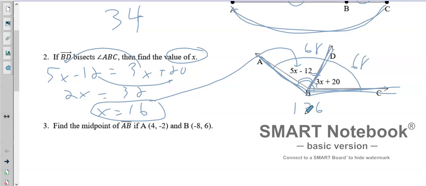So again, it was not asking for that, but you have to be prepared to answer those questions. It just simply means plug in 16, get the value, they're equal, and maybe double it. It wasn't asking for that, but maybe it will on the test, so always be prepared, but always read the directions to know what it's asking you to do.